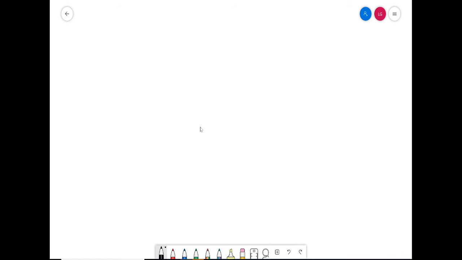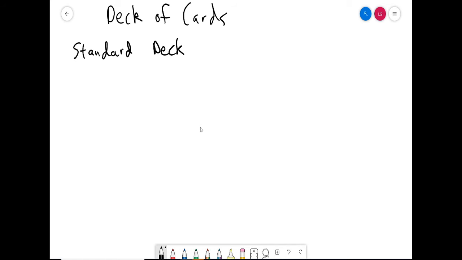And so what we're going to talk about today are probability questions for the deck of cards. So your standard deck: 52 cards. Each has a value and a suit.